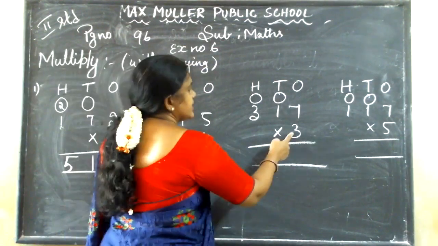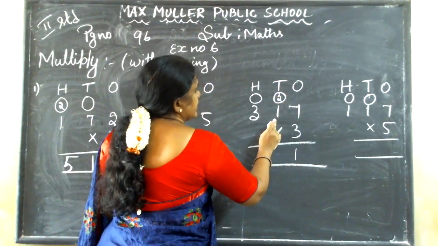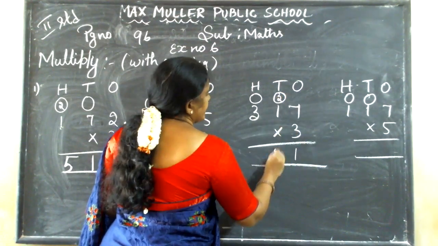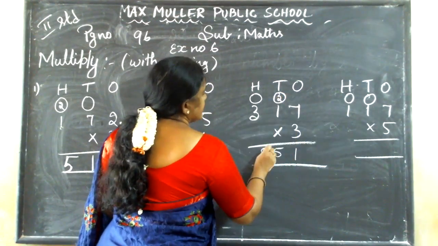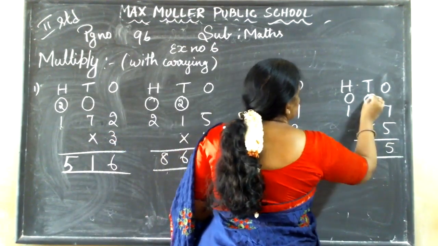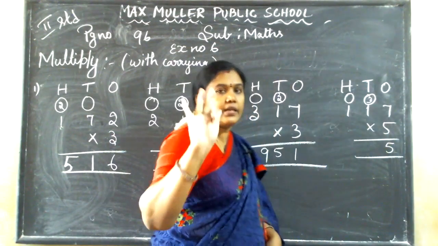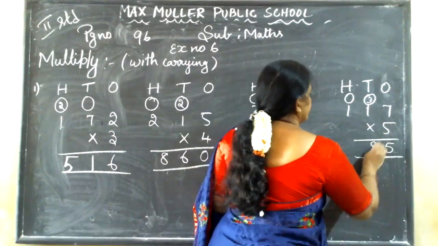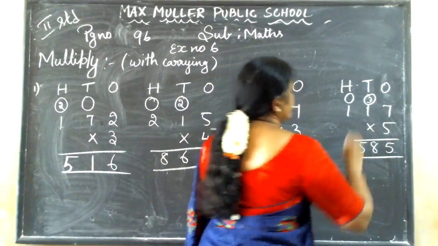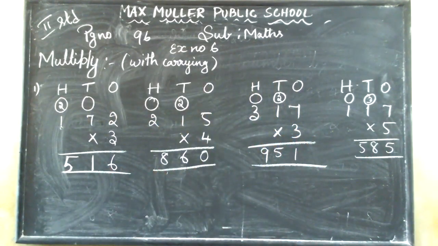Now here 3 7s are 21, 3 1s are 3, 3 plus 2, 5. 3 3s are 9. 5 7s are 35, 5 1s are 5, 678. 585. Next line we will do, children.